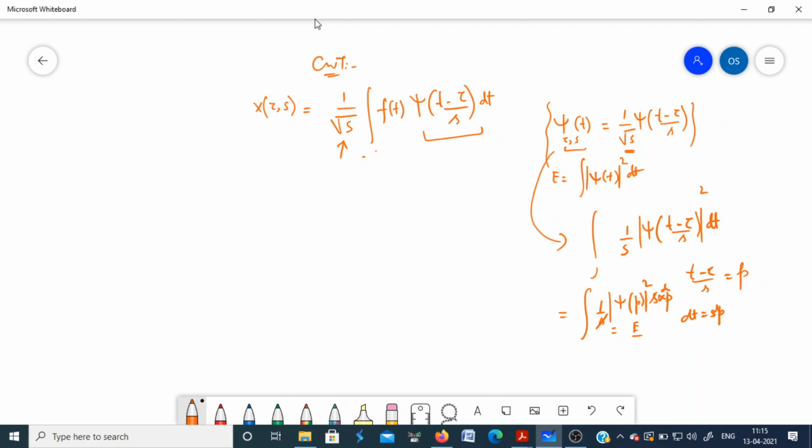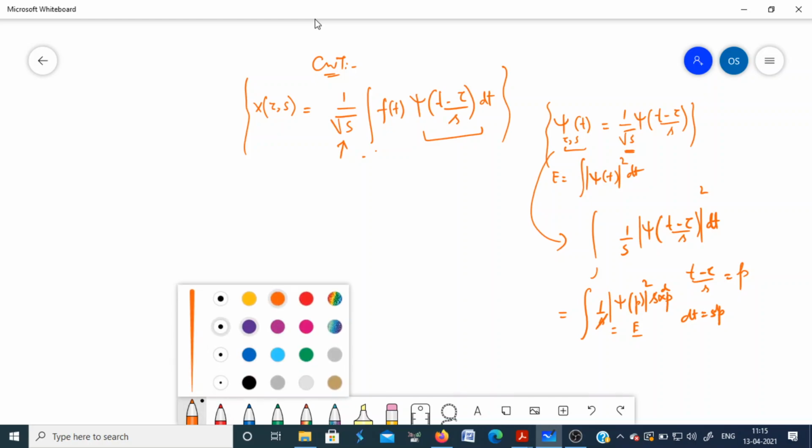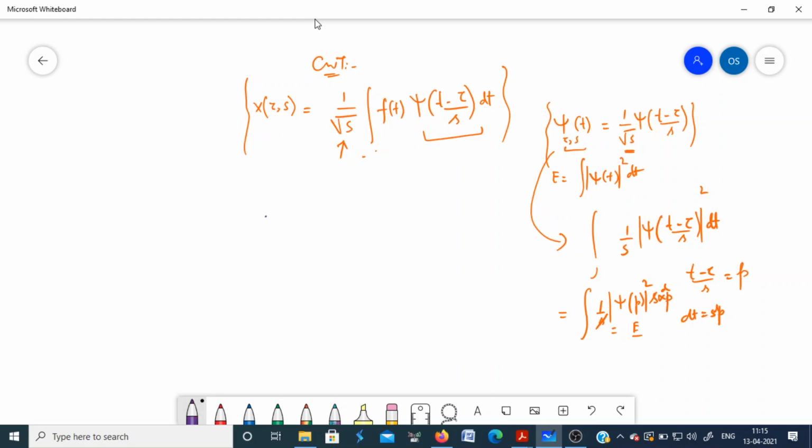Okay, so this 1 by root s is the factor which is used to maintain the energy of the wavelet at every scale. Okay, now how do you interpret this equation, or see how you generate this family of wavelets from a single wavelet. You have psi of (t minus tau) by s, times 1 by under root s, or we sometimes use the star conjugate here if the function is complex, otherwise the star has no meaning.